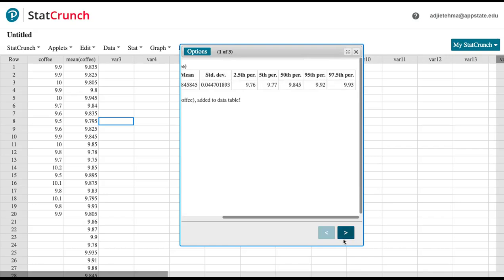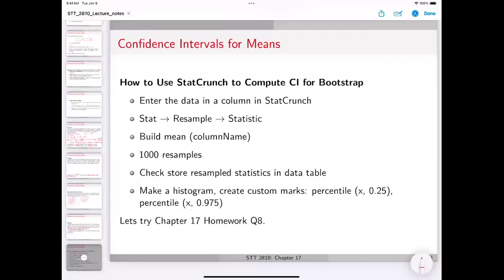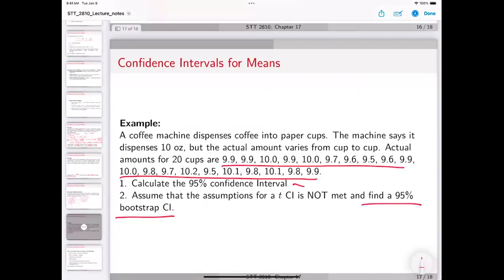Now, how do we find a 95% confidence interval? That is what I am coming to. So to find a 95% confidence interval, let's look at this one here.